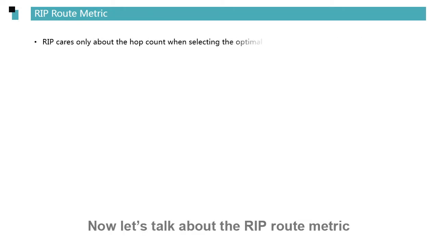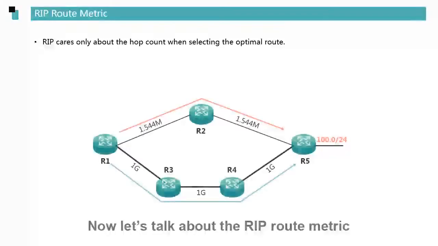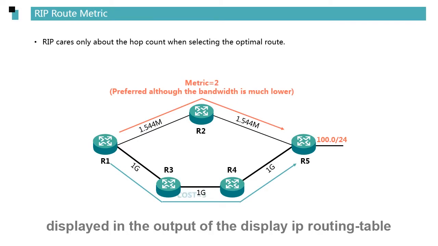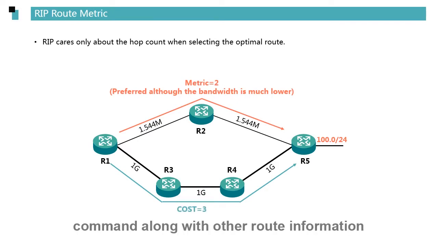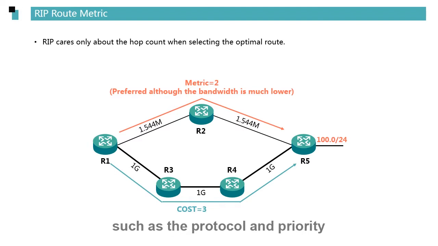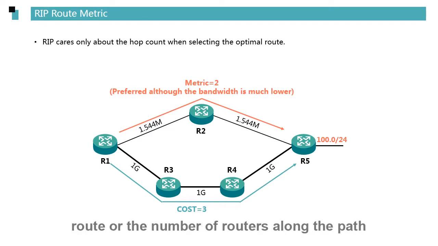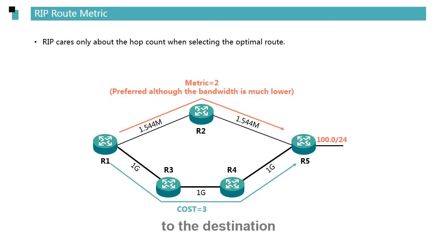Now, let's talk about the RIP route metric. The metric is also called the cost and is displayed in the output of the display ip routing-table command along with other route information, such as the protocol and priority. In RIP, the metric refers to the hop count of a route, or the number of routers along the path to the destination.